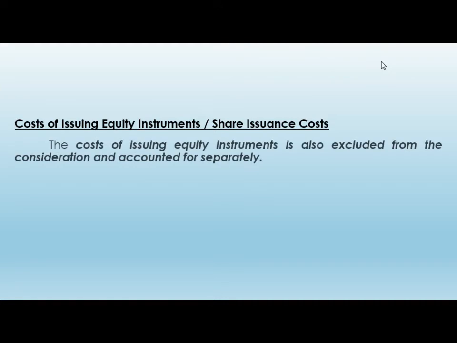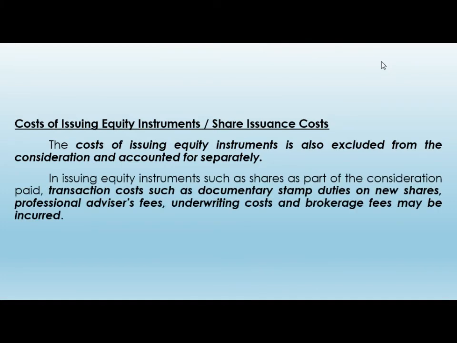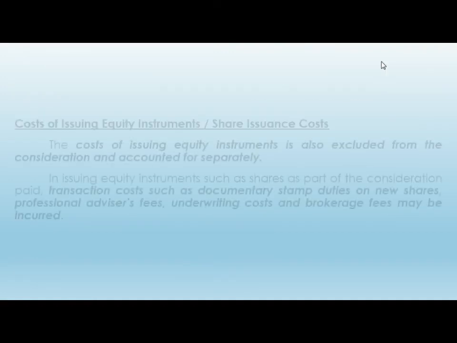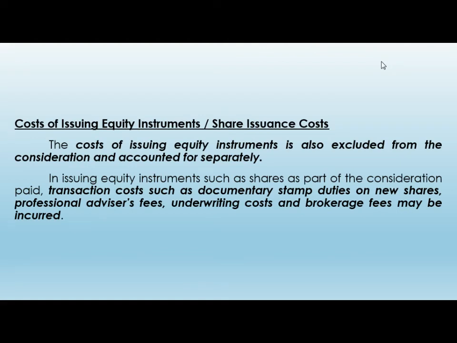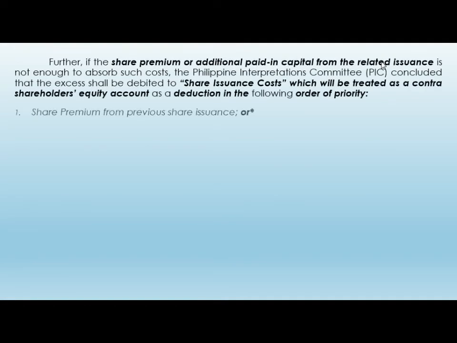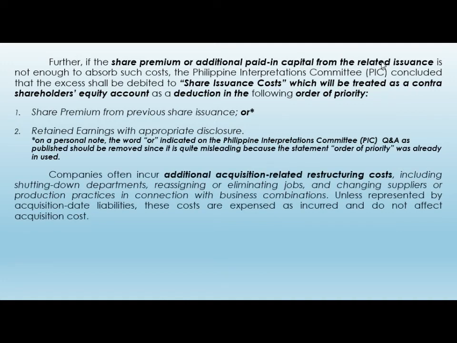Cost of issuing equity instruments, or share issuance cost, is also excluded from our considerations paid because this will not form part of the fair value of net assets of the acquiree. Make sure that if we come across this cost of issuing equity instruments or issuance cost, we exclude them from our considerations paid.